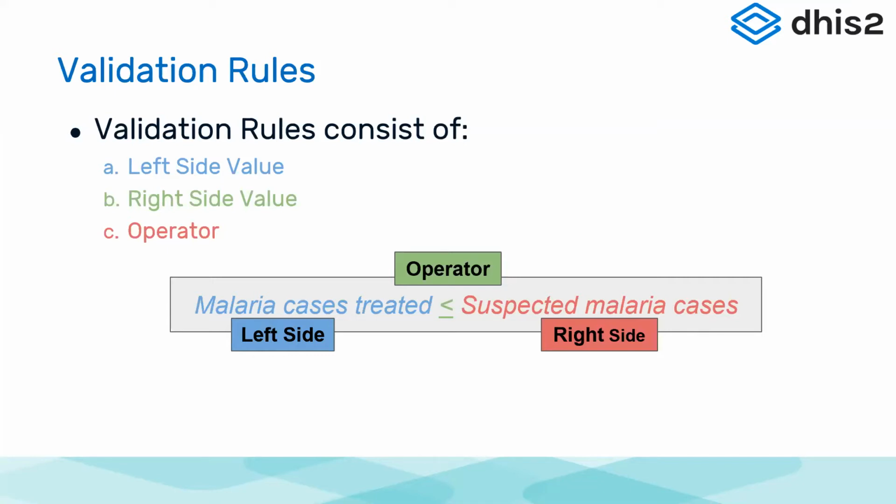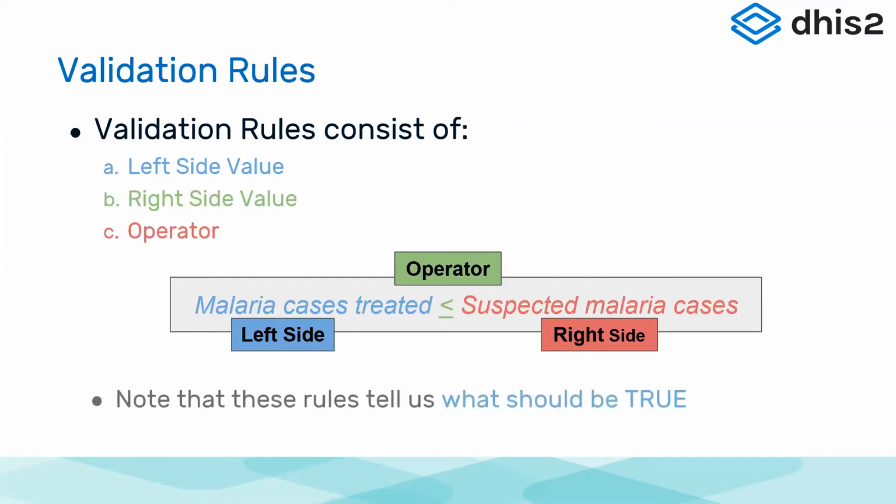That is the concept behind validation rules. In DHIS2, a validation rule should always be true. If your data are inconsistent with the validation rule, it will trigger an error.